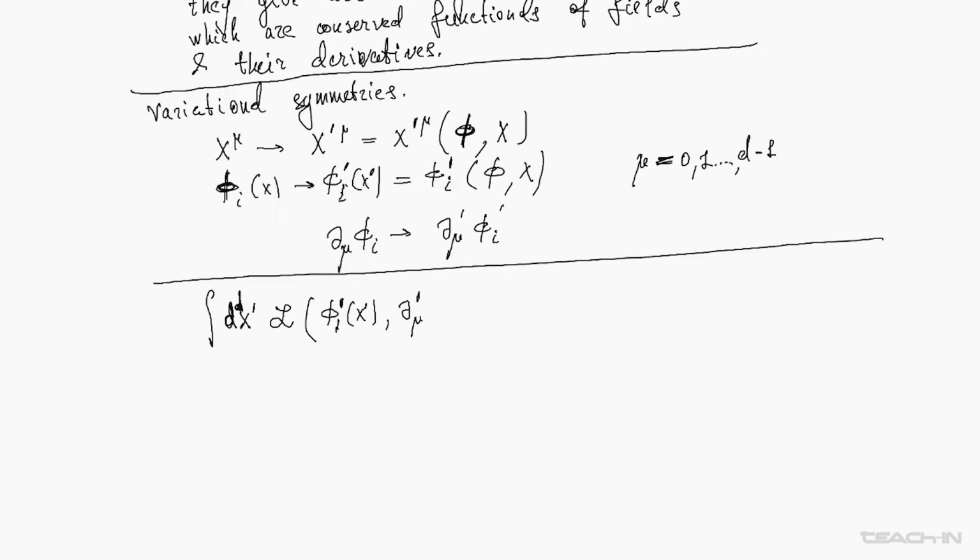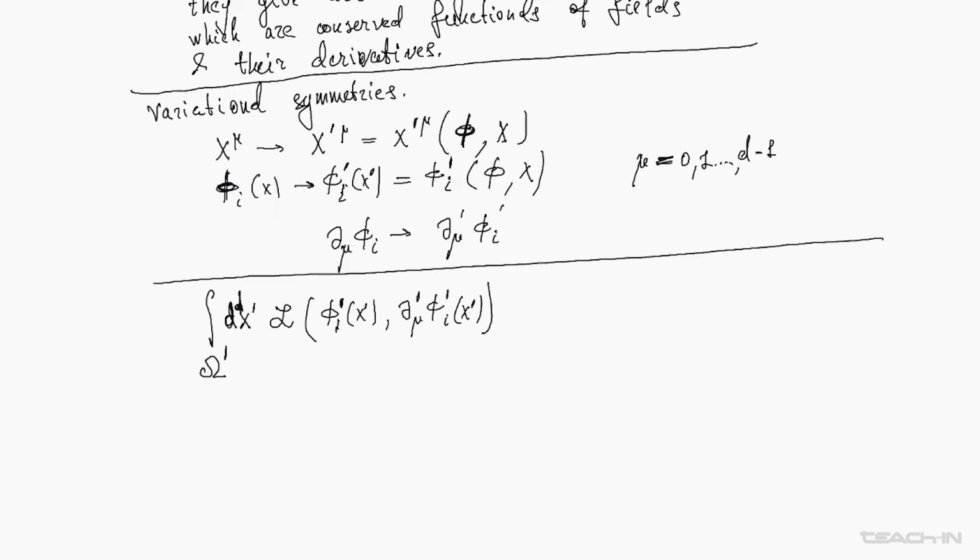Now, since we make this transformation of coordinates, we also integrate over the image of the original region Ω under this coordinate transformation. Originally we have some integration region Ω, which is arbitrary.